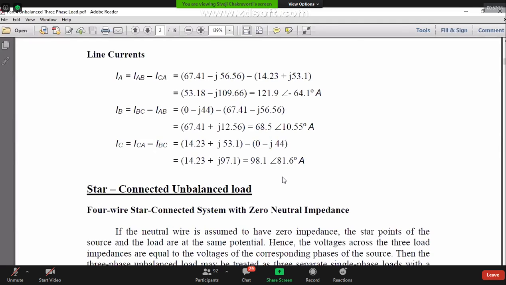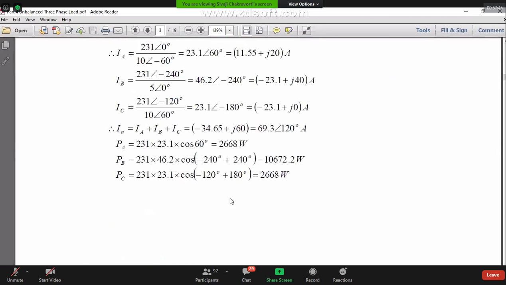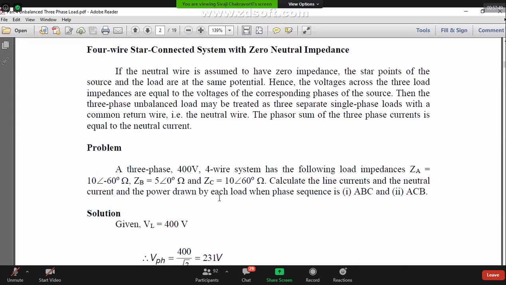Here you see that the line currents are all different. If I put 3 ammeters in these 3 lines, because, as I told you many times, these impedances are not visible since they are somewhere in a big industry or inside the houses in a big locality, you don't see these loads.